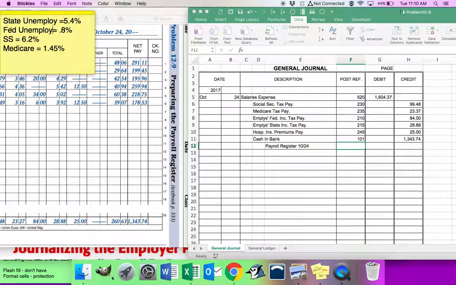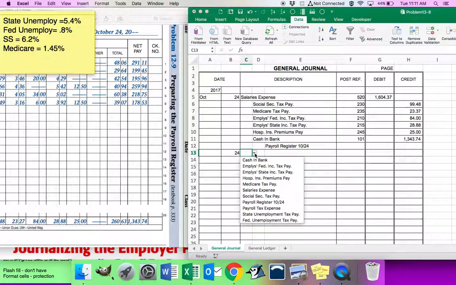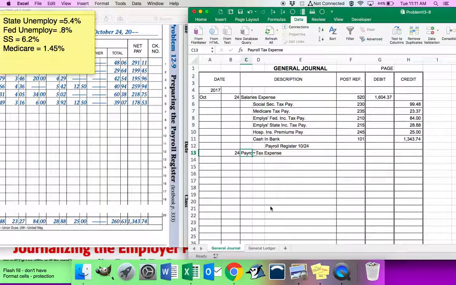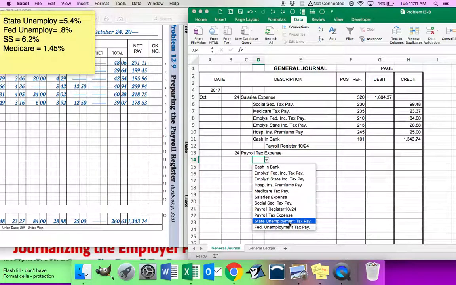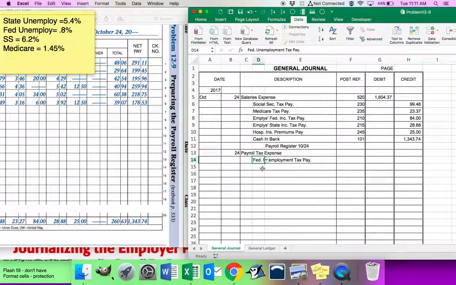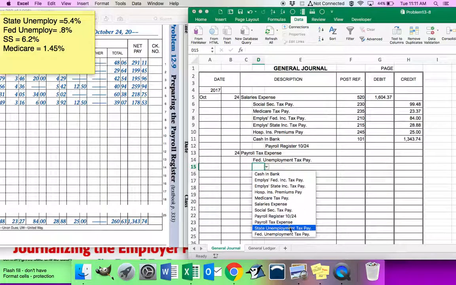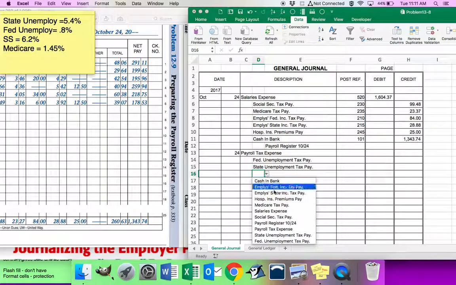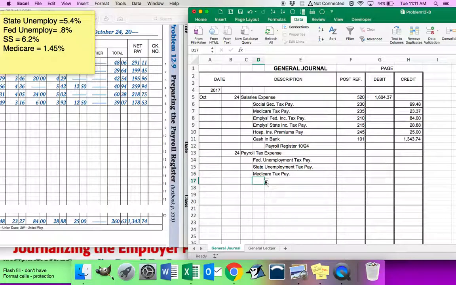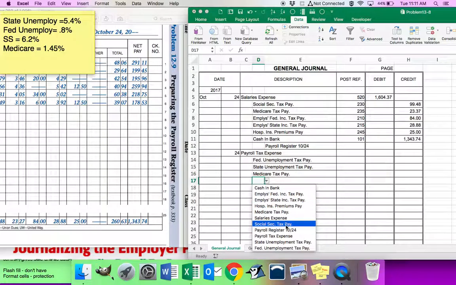Okay, so I'm going to go ahead and do this first transaction here. We have our transaction we did earlier, which is where we paid for our employees. Now we're going to record what is called our payroll tax expense. I don't know that amount yet, so I'm just going to leave it blank. The four we have to pay are federal unemployment, state unemployment, Medicare, and Social Security.